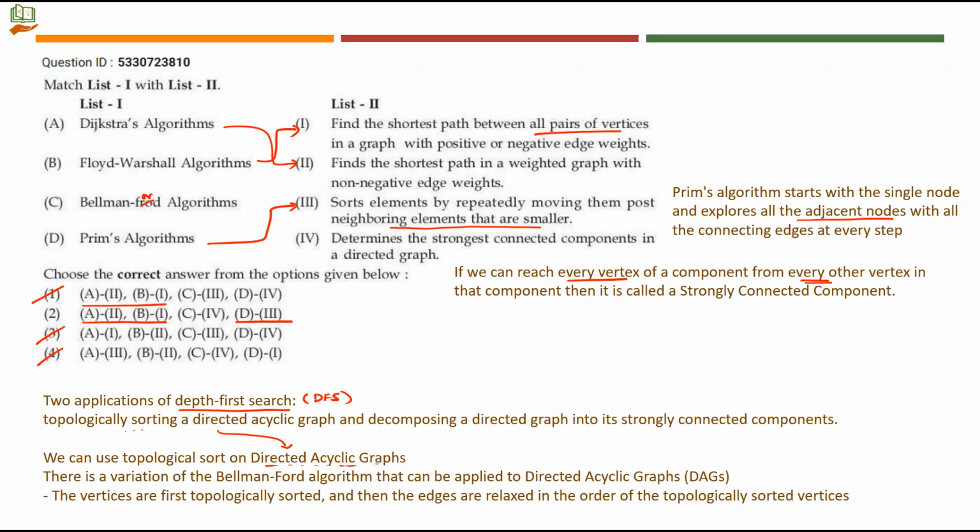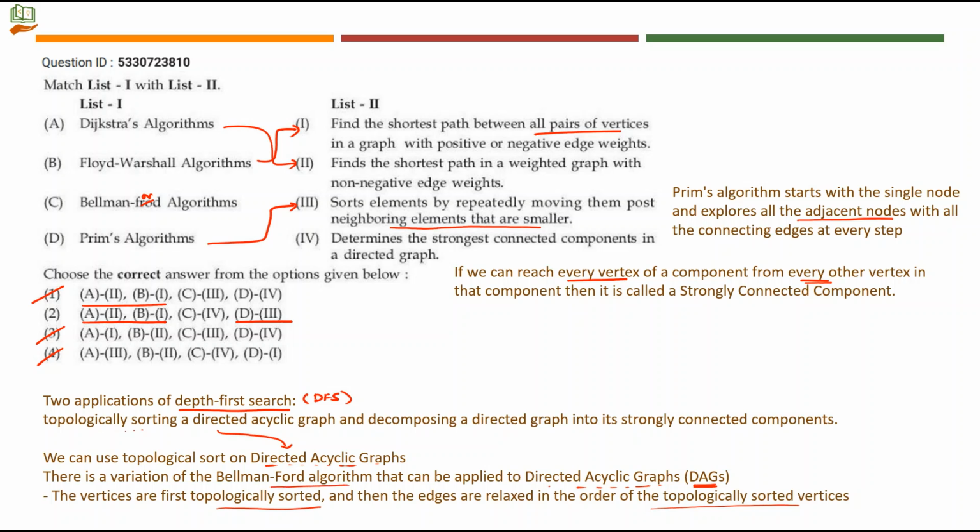There is a variation of the Bellman-Ford algorithm that can be applied to a directed acyclic graph. The vertices are first topologically sorted and then the edges are relaxed in the order of the topologically sorted vertices. This is the mechanism that happens within directed acyclic graphs when you use a variation of the Bellman-Ford algorithm.